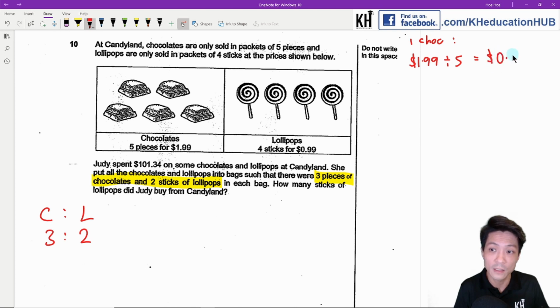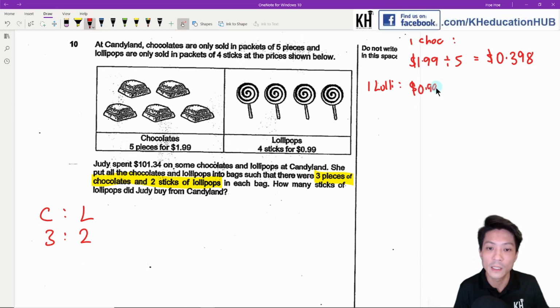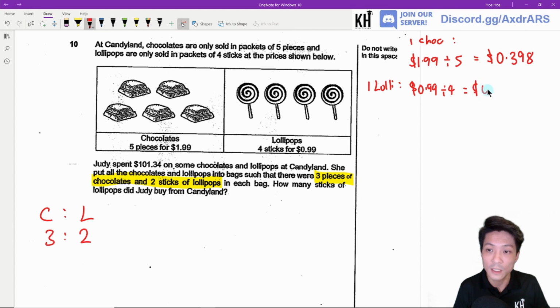You're going to get 0.398, and for the 1 lollipop, it is going to be 0.99 divided by 4. You're going to get another decimal.